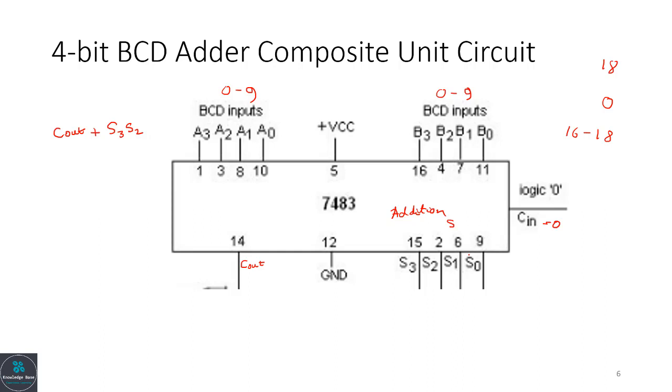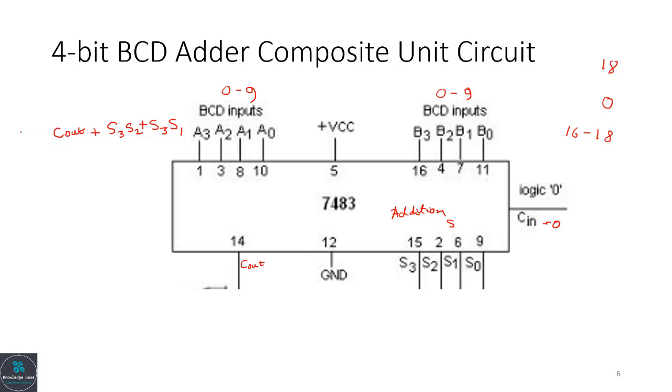So if one of the conditions is true, that is Cout, S3 S2, or S3 S1, then we can definitely say that the result is greater than 9.